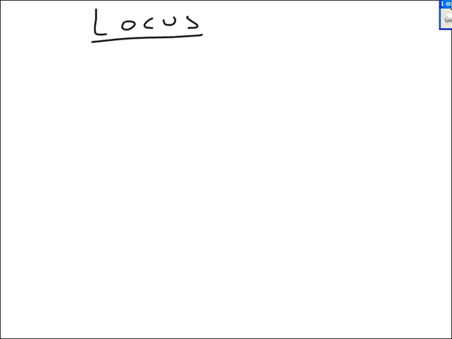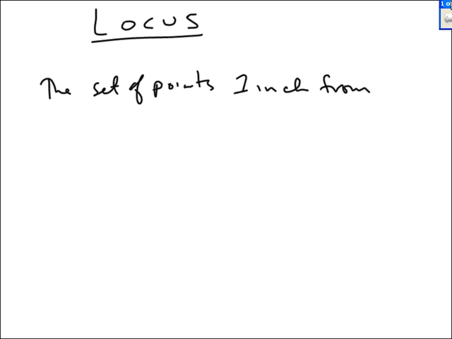Suppose you are asked to describe the locus, and the condition is: it's the set of points 1 inch from the given point P. So here is the given point P. How would you describe the set of points that are 1 inch from the point P?